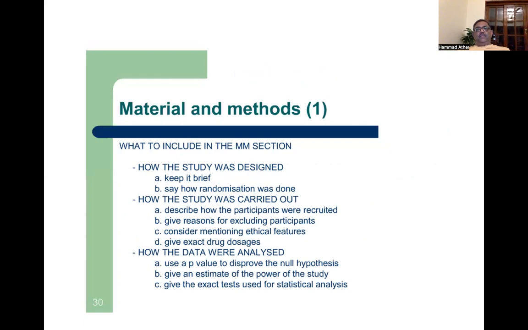When you're writing the material and methods, what you should be including in that section is how the study was designed, keep it brief, and how the randomization was done, if it was done, and how the study was carried out, meaning how the participants were recruited, giving reasons for excluding participants.